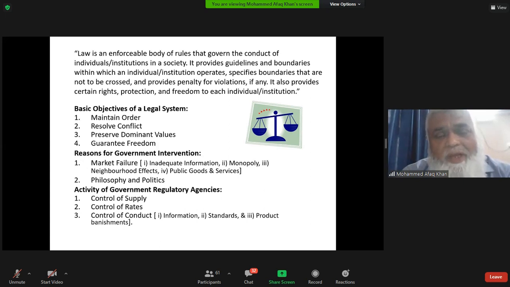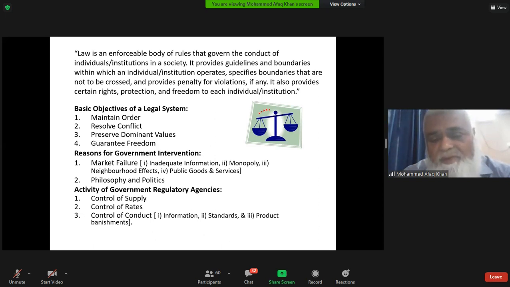And these rules are framed by some institution, whether government, or sometimes on a bilateral basis between organizations. So we will take up the different definitions of the different types of laws.